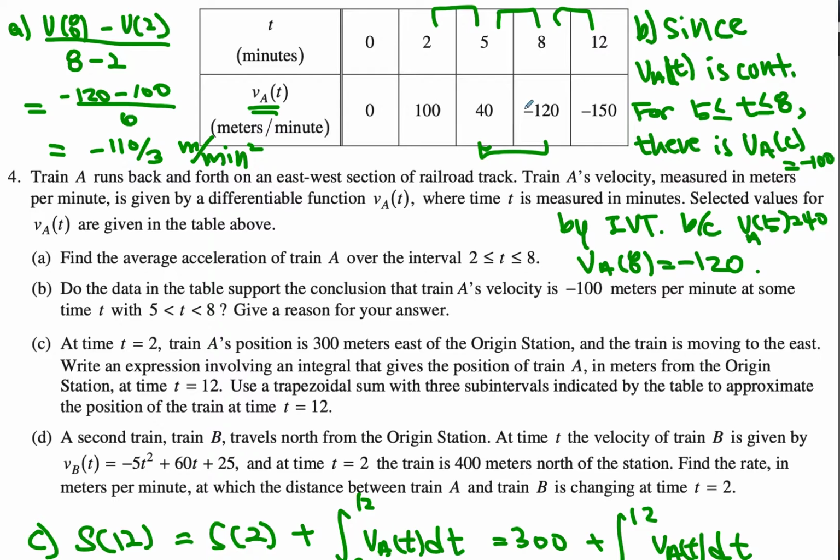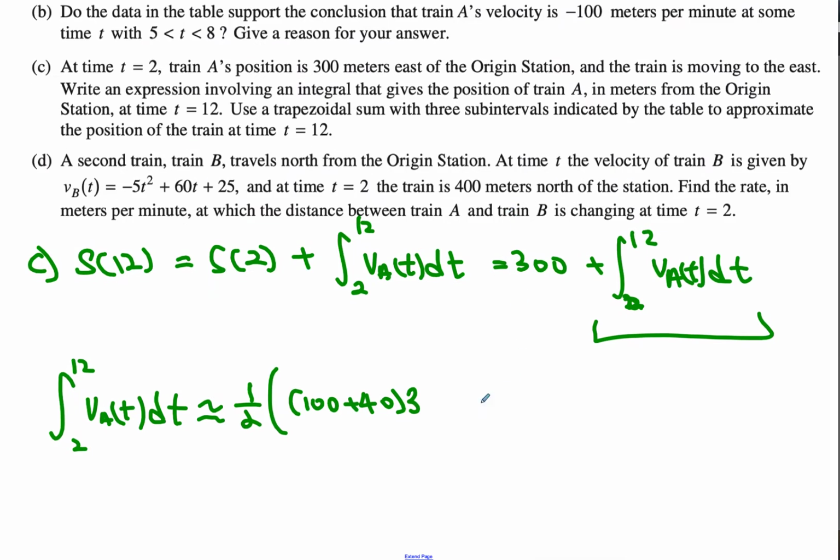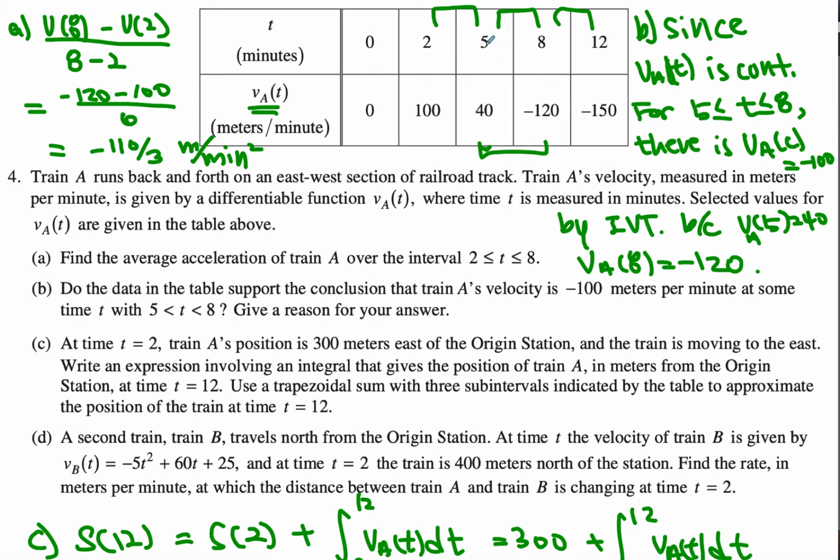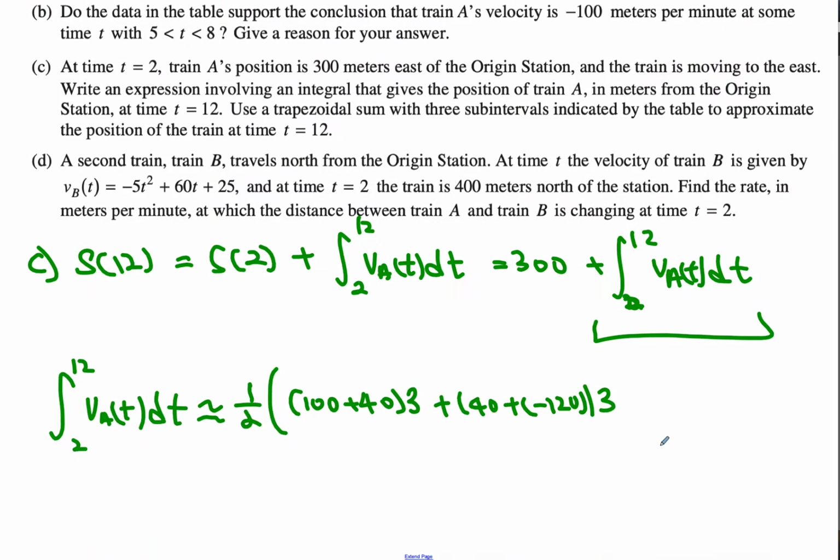So we just finished the first one. The second one is 40 plus negative 120, times 3, because it is 5 through 8. The next one is negative 120 minus 150, and then times 4. That's essentially what we end up getting. This one is about 140, this one is negative 80, so we get negative 80 times 3, which becomes negative 240 here.